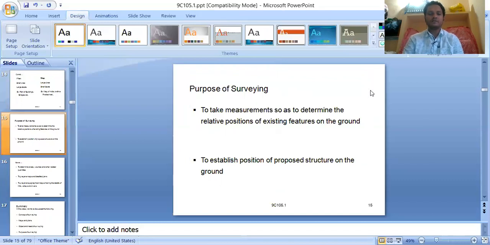Now we will see what is the purpose of surveying. The purpose of surveying is to take measurements so as to determine the relative positions of existing features on the ground. It is not only to find the relative positions, but we can use surveying to establish different points on the ground.